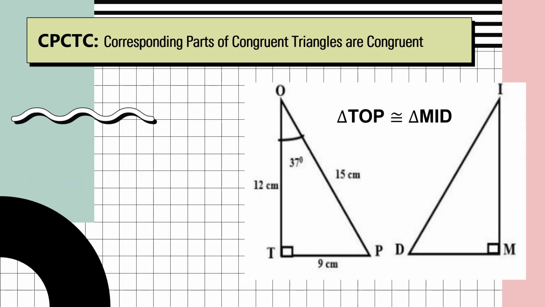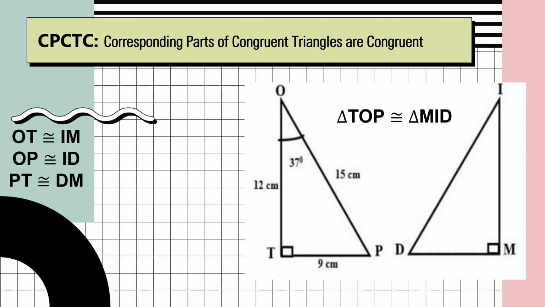Okay, ipagpatuloy natin. So, alam na natin yung corresponding angles. So, let us move on to the corresponding sides. Okay? So, same given. Dito naman, very easy naman, no? Makita dito sa particular example na to kung ano yung magkatapat na sides.